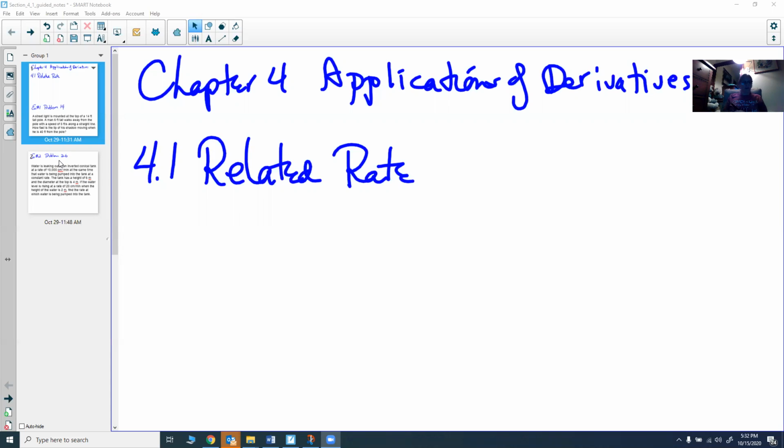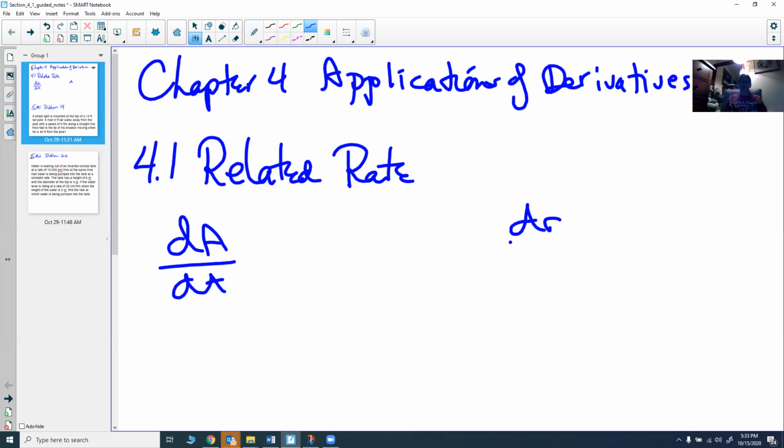So the way we do this, and I'm going to use that as my example, is I want to find the change in area over time. I know the change in radius over time. That's known to me, but I want to find this.